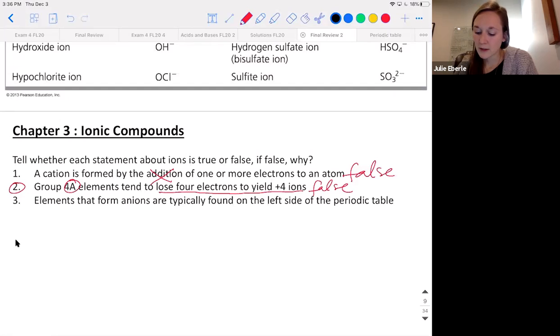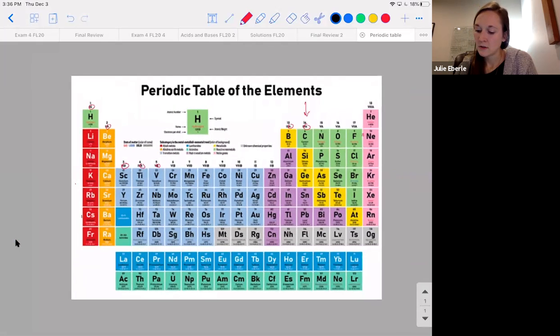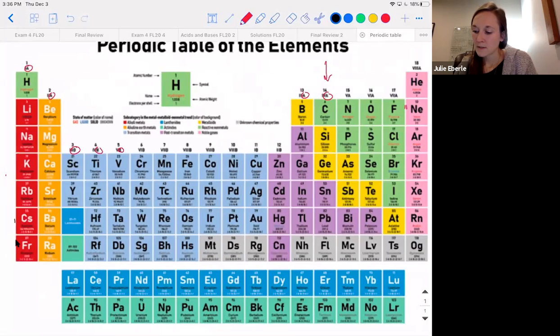Okay, number 3, elements that form anions are typically found on the left side of the periodic table. So let's go back over here. Where are the elements that tend to form anions? That's going to be like nitrogen, oxygen, sulfur, fluorine, chlorine, bromine, iodine.